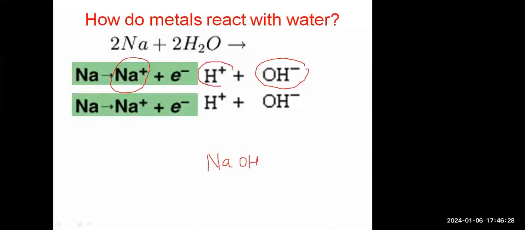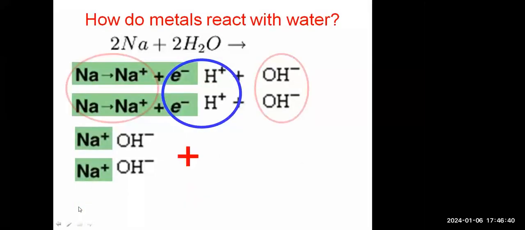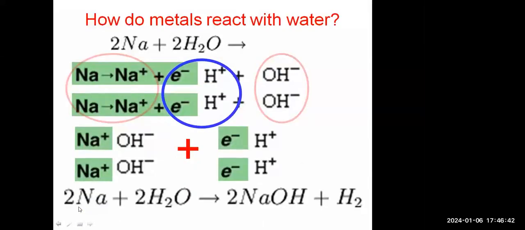And the hydrogen ions take up the electron and convert to hydrogen gas. So the logic of this reaction is that because metals can donate electrons, they can react with water. You can see the overall equation here.